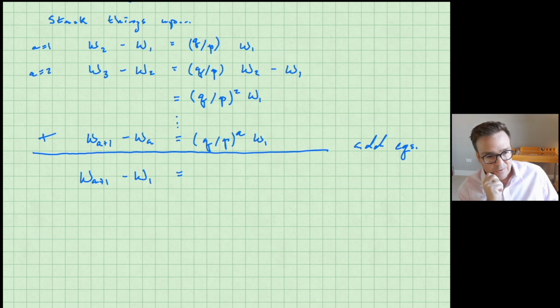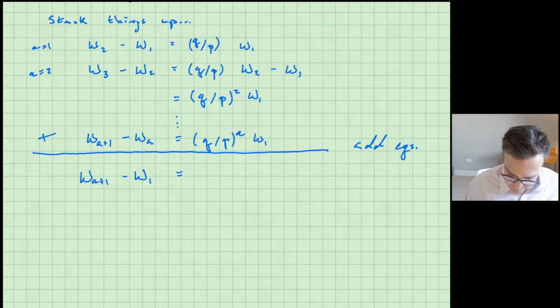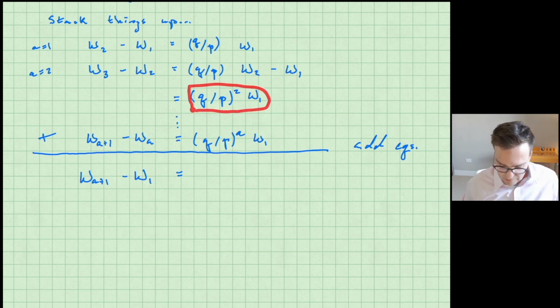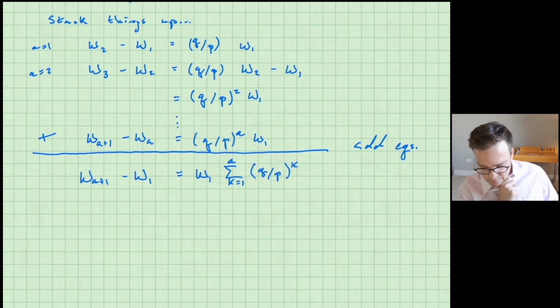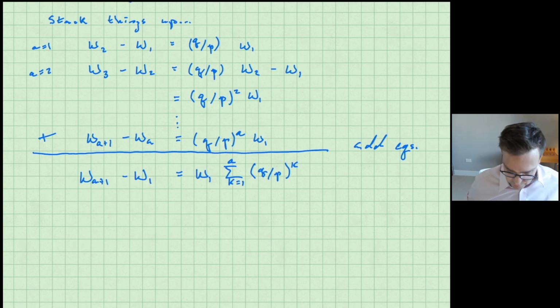And the right-hand side, when you add all these things up, all the terms look like this. The W1 is common to all of them, so that's a sum from k equals 1 up to little a of q over p to the k. I think that should be okay. And now we just move things around.